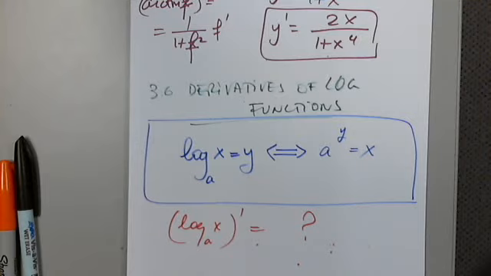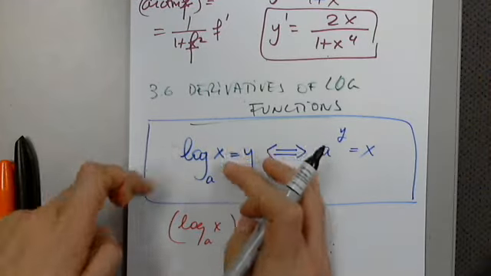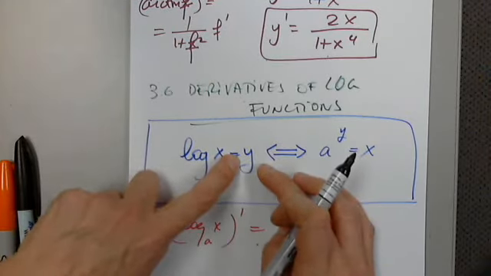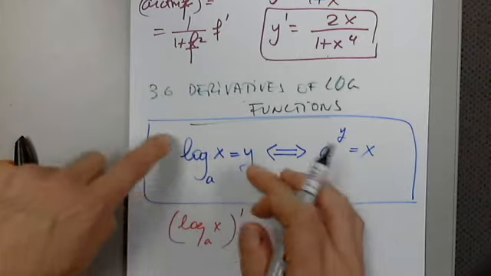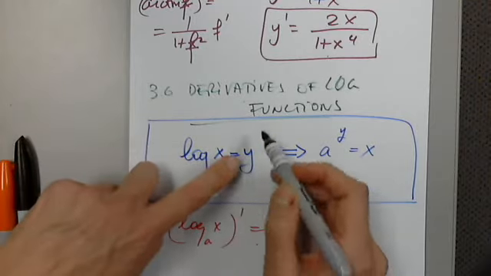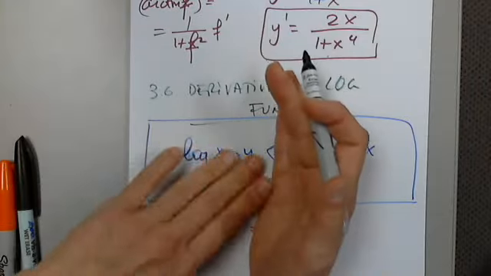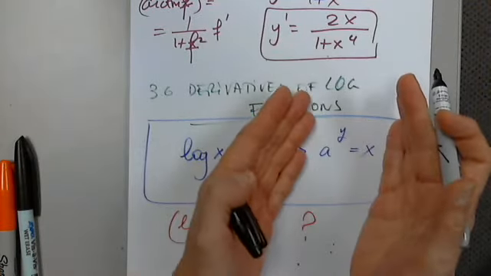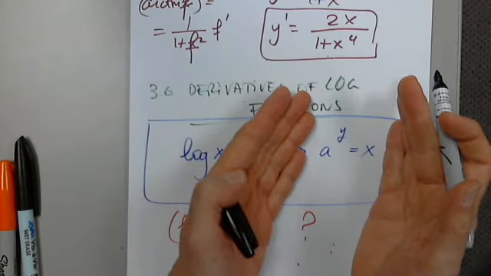This is what we are after right now. So, if I want to differentiate log and find out what it is, I have to differentiate this function by implicit differentiation, correct? If I differentiate this side, I have to differentiate this side. I don't know how to handle this just yet, so I'm going to shift over right here and see what I can do.